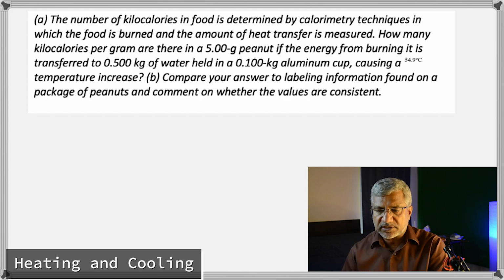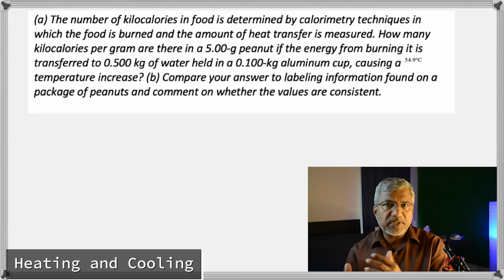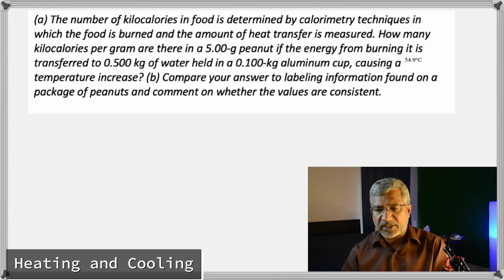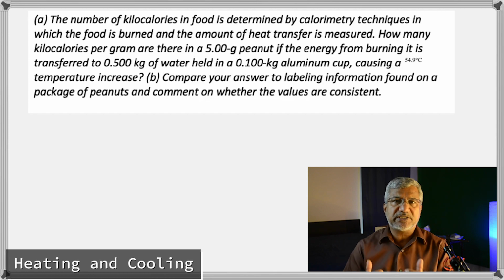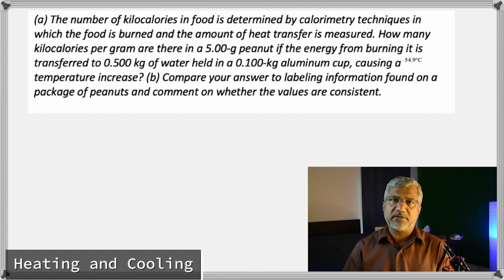And there the change in temperature is 54.9 degrees Celsius. So from these results, we have to calculate how much energy was there in 5 grams of peanut, and then finally divide that by 5 to get the energy in 1 gram of peanut.